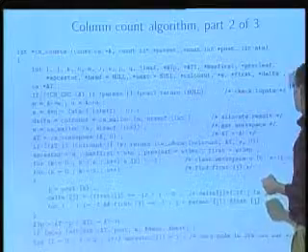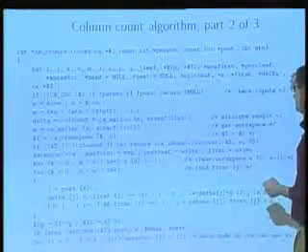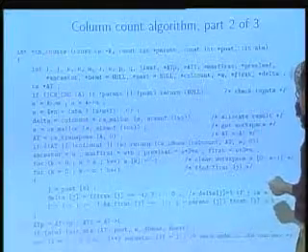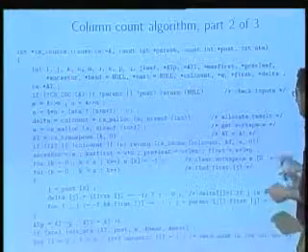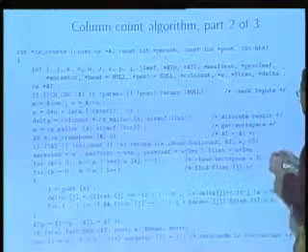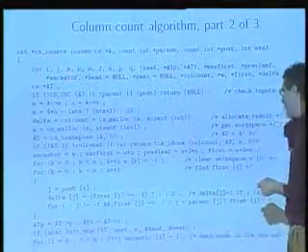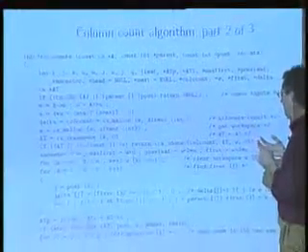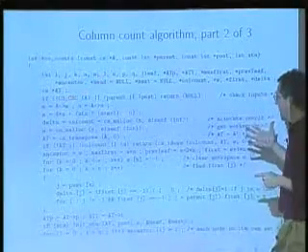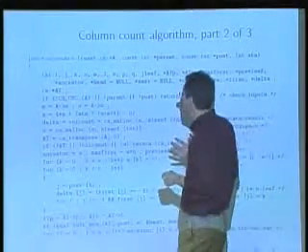And then I need, let's see, ancestor, max first, previous leaf, and then first. Yeah, the first descendant of every node. So that's, wait. Oh, I'm sorry, that's 5n. Wait a minute.